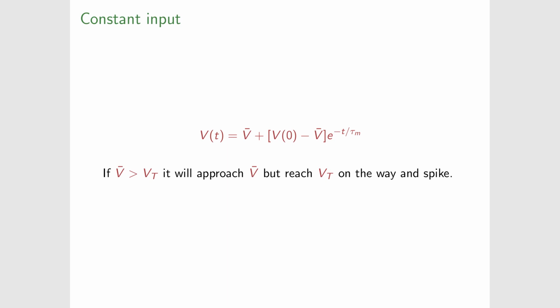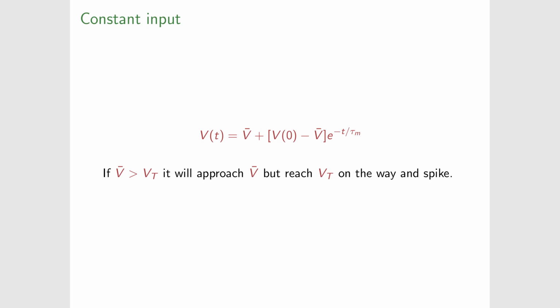Conversely, if V bar is greater than Vt, then as V heads towards its equilibrium value, it's going to reach the threshold value, and then there's a spike, and it will get reset. So for values of IE that make EL plus RMIE greater than the threshold value, in this case minus 55 millivolts, the neuron will keep trying to reach the threshold value.